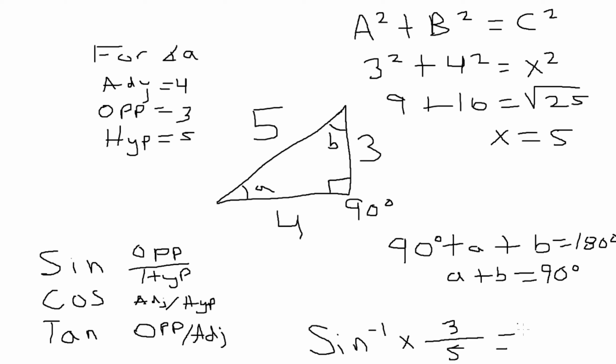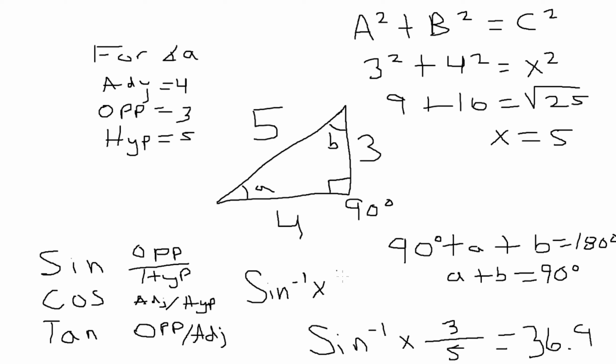I think on TI-84s it comes standard in degree mode, but if you need to change that, you just click mode, go all the way down to degree and radian, and hit enter on degree. But finding the calculation, we get that the angle value for A in degrees is 36.9.